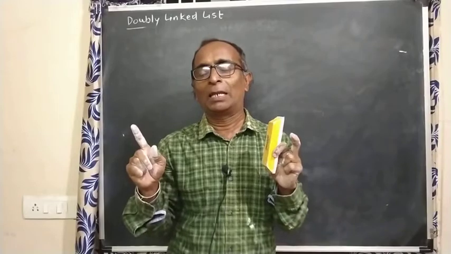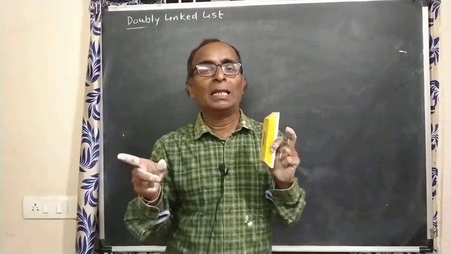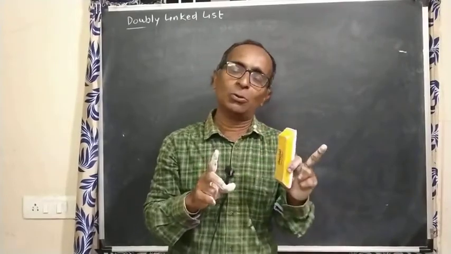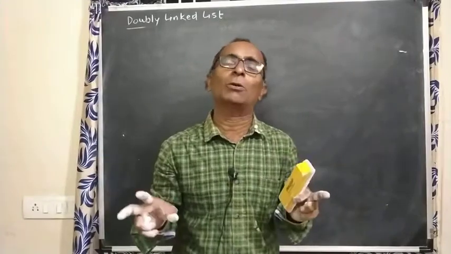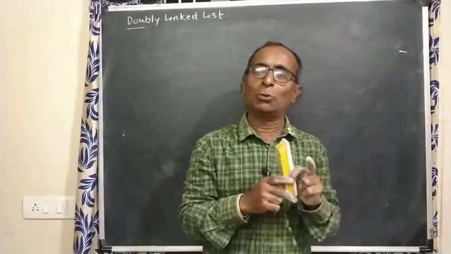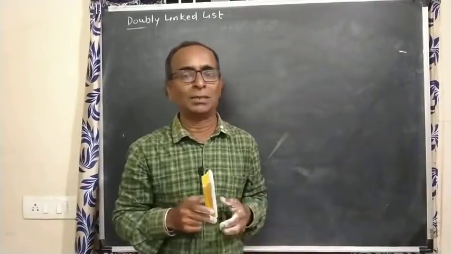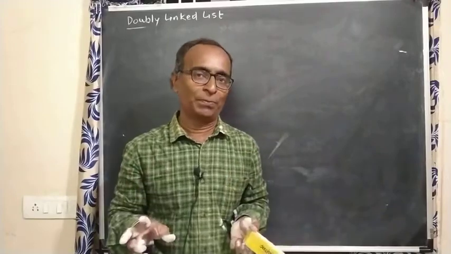So these two operations will be big O of n. Then in case of deletion, except the first node, if you are deleting any other node, it will be a big O of n operation. For the first node only, there is no need of the predecessor node's address. But for all other deletions, it will be a big O of n operation.